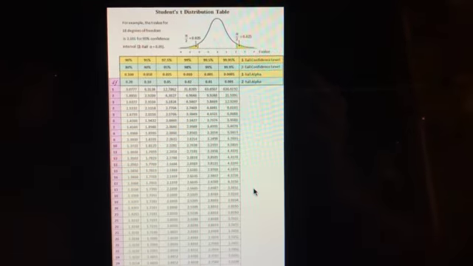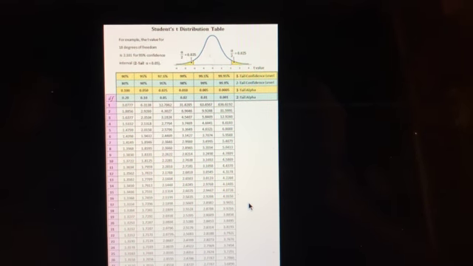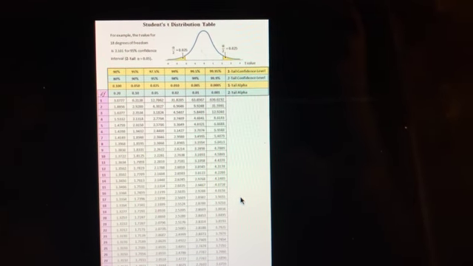So I found this one, and this is a Student's t-distribution where we talk about two-tailed tests. Here they are dealing with alpha over 2.